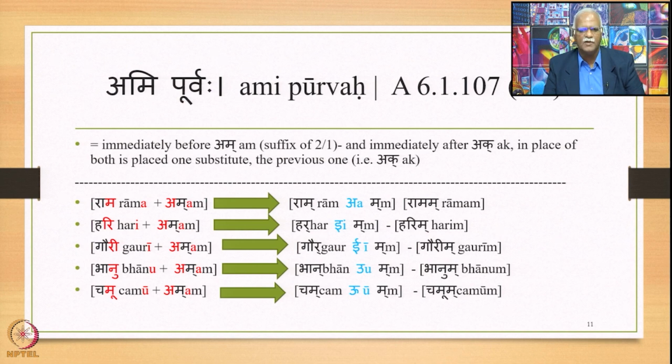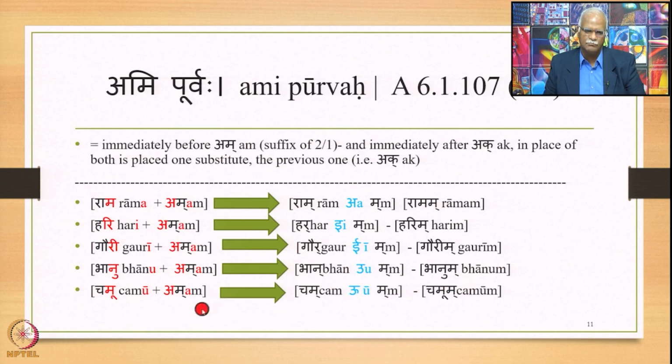And so in Bhanu plus, in Bhanu plus U coming at the end of this pada, coming at the beginning of this pada, because this is within a pada, so Samhita is obligatory, 6.1.107 applies and generates the output Bhan U Ma, that is Bhanum.